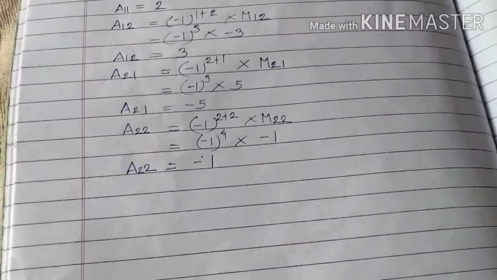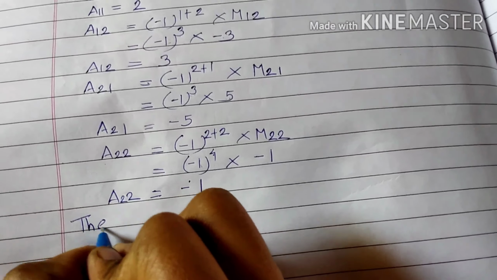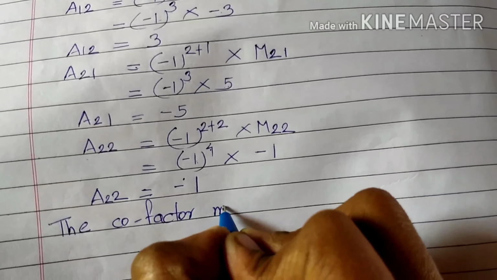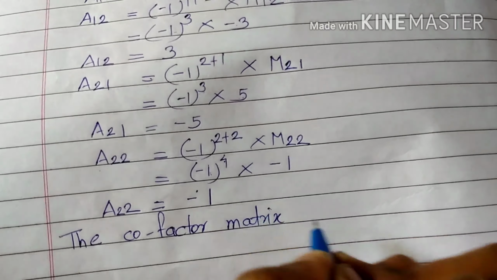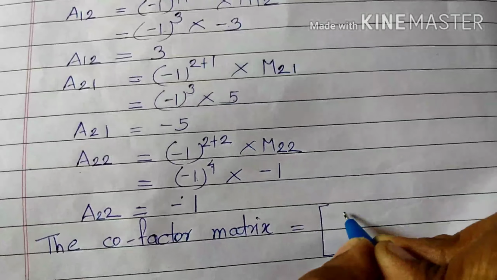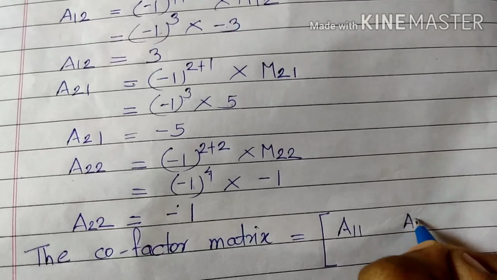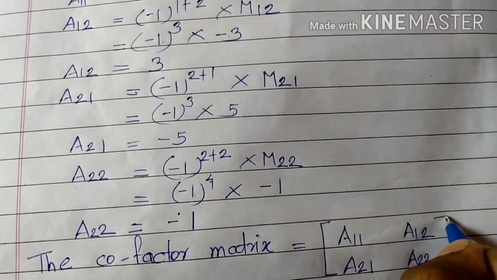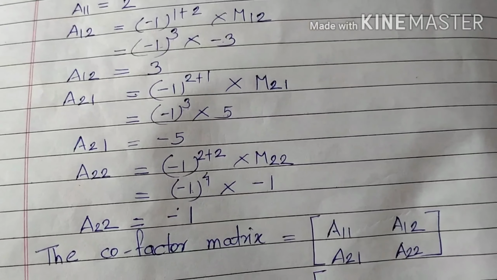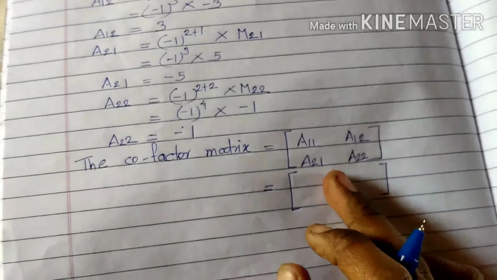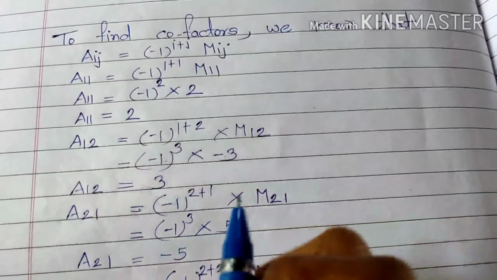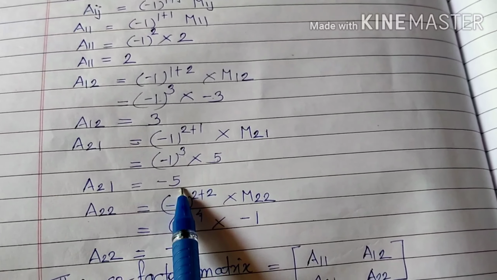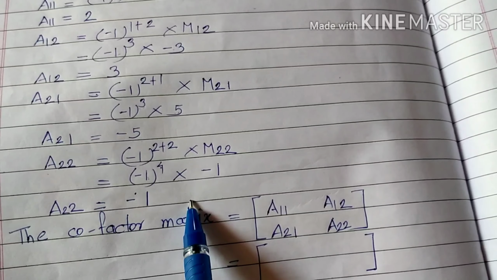Now the cofactor matrix is, put the values. A11 is equal to 2, A12 is equal to 3, A21 is equal to -5, A22 is equal to -1.